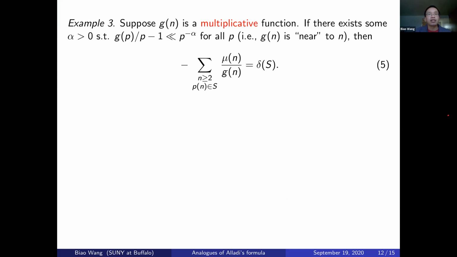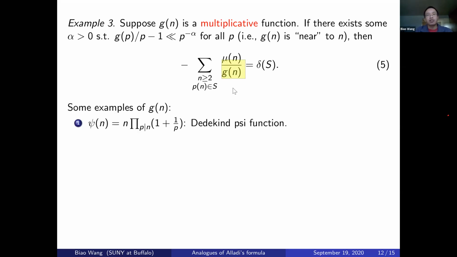Okay, the third example is that we can consider the multiplicative functions that are near to n. Near to n means that at the prime place g of p is very close to p. Then we can take the denominator as g of n.